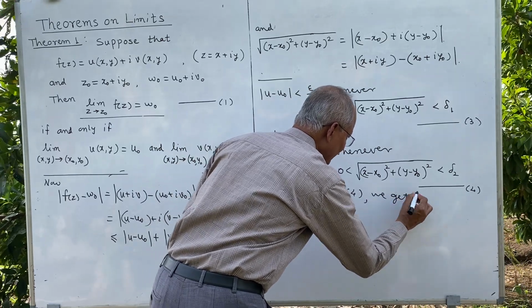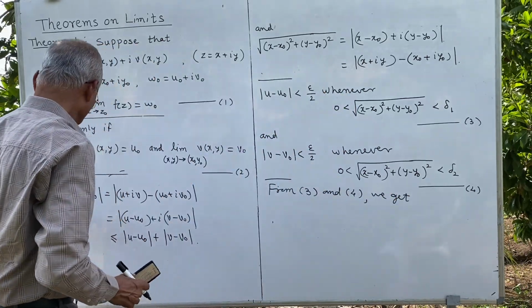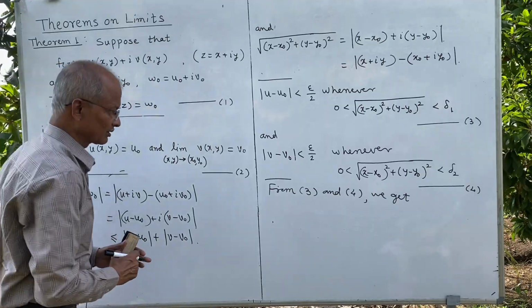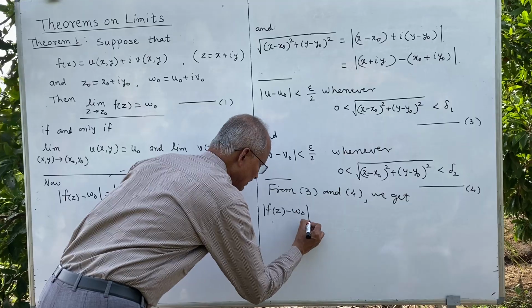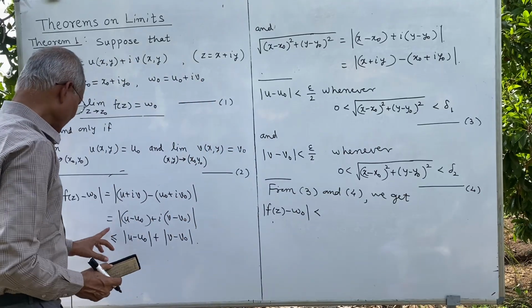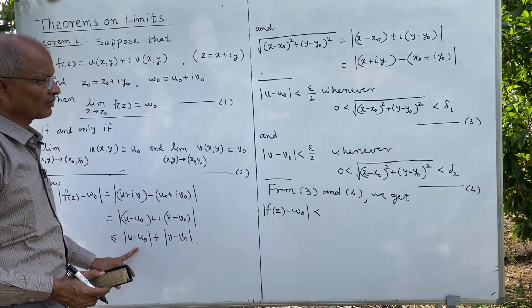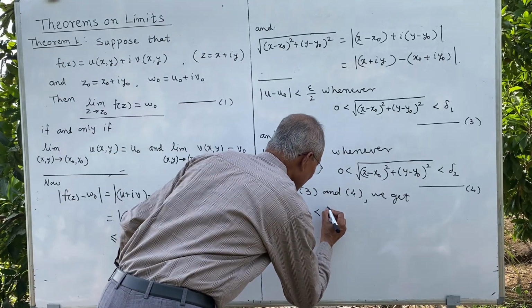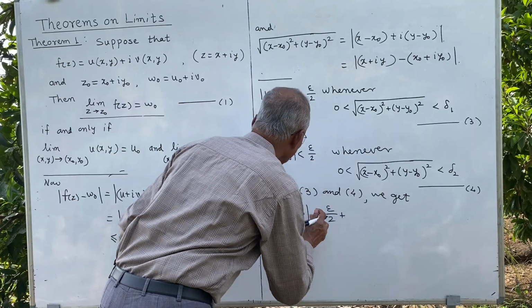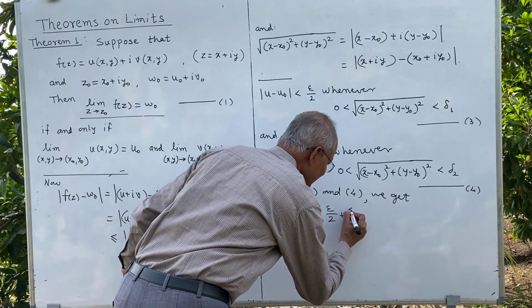Now see, mod f z minus w naught is less than or equal to this one, but what about u minus u naught? This is less than epsilon by 2, and what about v minus v naught? That is less than epsilon by 2.